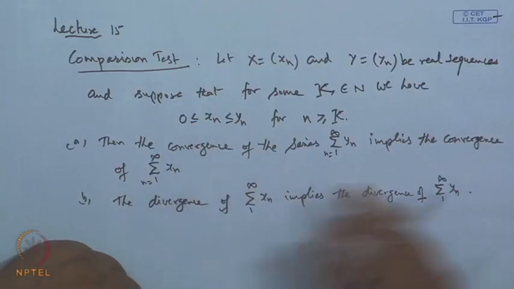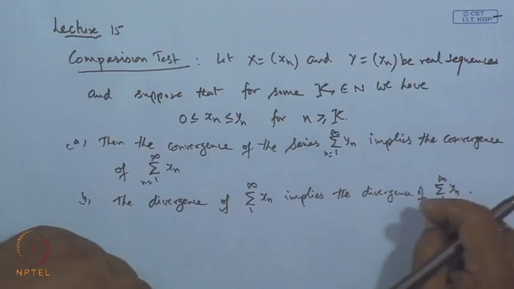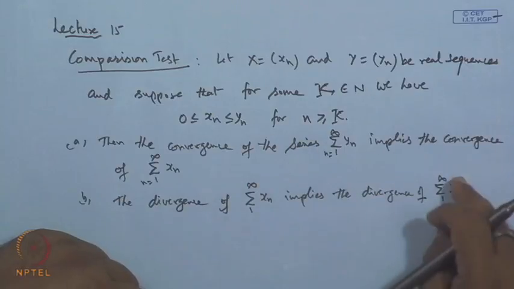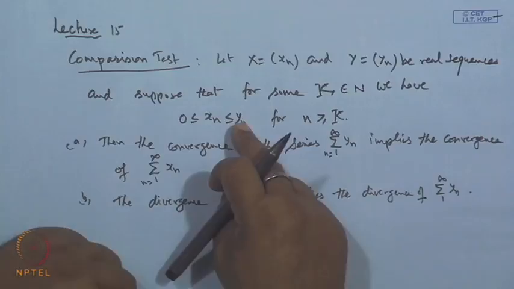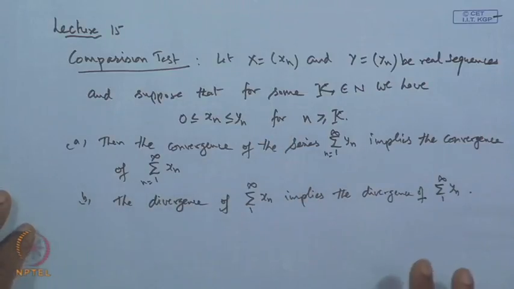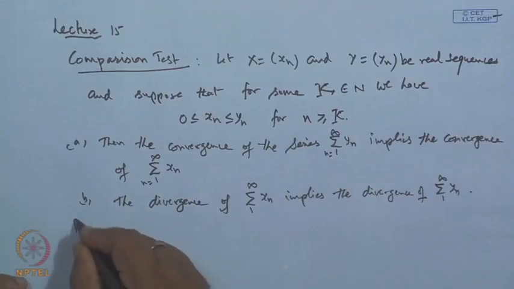It means, if we expect that the series is diverging, then we have to find this relation where x n is diverging, then y n will diverge. So, this is the main motto for this comparison test. The proof of course is very straightforward.